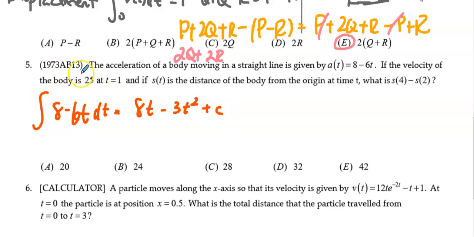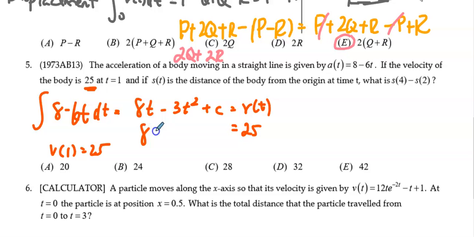So what we're going to say here is if the velocity is equal to 25, remember this is actually v of t. Let's go ahead and write that down. So it's telling me that if the velocity is 25 when time is equal to 1, this basically means that v of 1 is equal to 25.